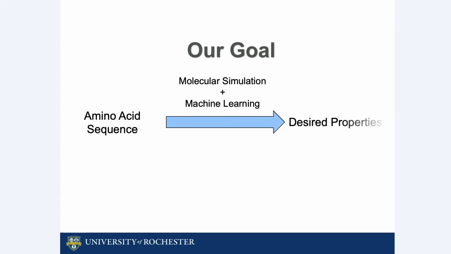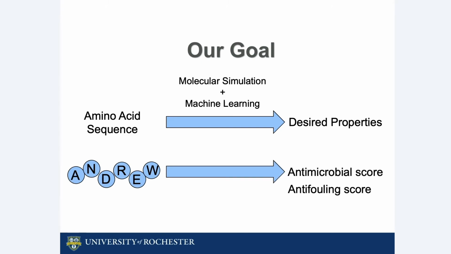A popular approach is to use molecular simulations of peptides along with machine learning to predict the properties. The basic idea is you type an amino acid sequence into your machine learning model, and it will tell you the properties of the peptide. Our model predicts an antimicrobial score and an anti-fouling score. A high antimicrobial score means that the peptide may be a good option for attacking and destroying unwanted microorganisms.